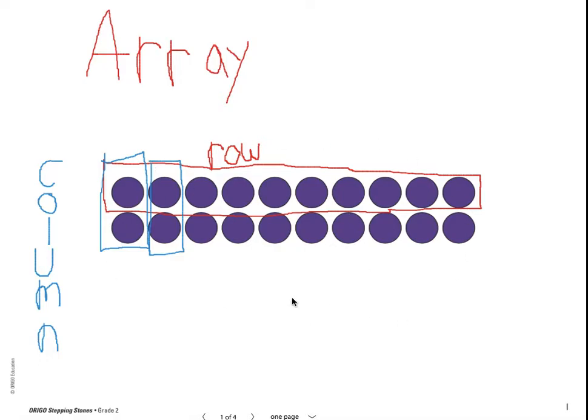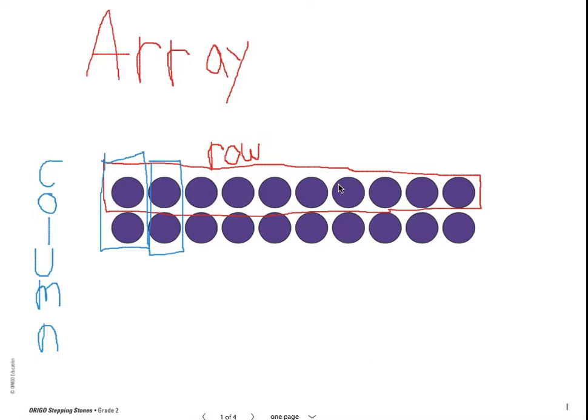So this picture that we see right here has 2 rows. And how many columns are there? There are 10 columns. So if I were to ask you, how are these dots arranged?